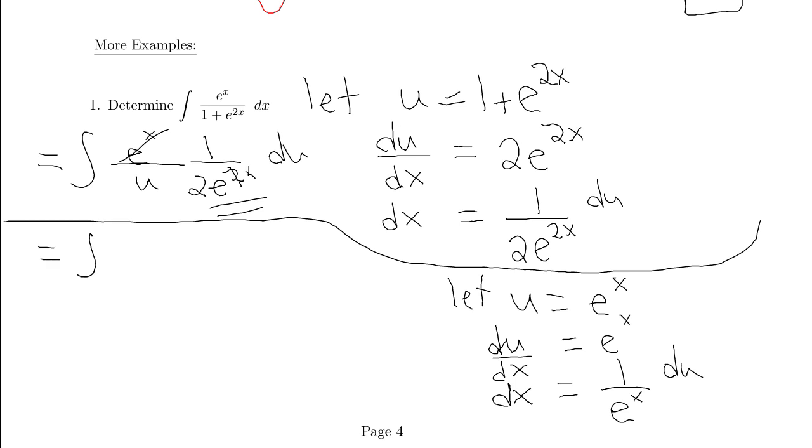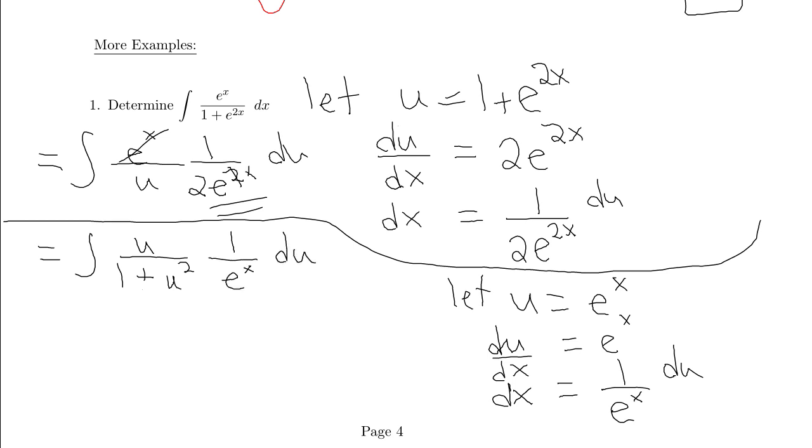So I get the integral of u over 1 plus, oops. Well, okay, I have 1 plus this e to the 2x. Well, e to the 2x, sorry, I can't seem to write a plus sign there. E to the 2x is actually just e to the x squared. So I actually have a 1 plus u squared in my denominator. Now for dx, I have 1 over e to the x du.